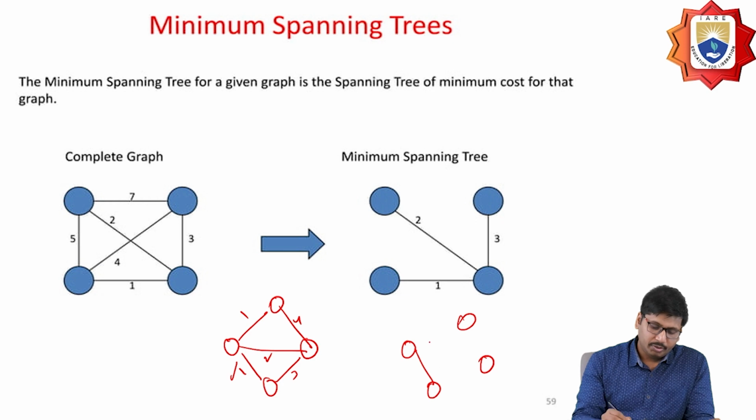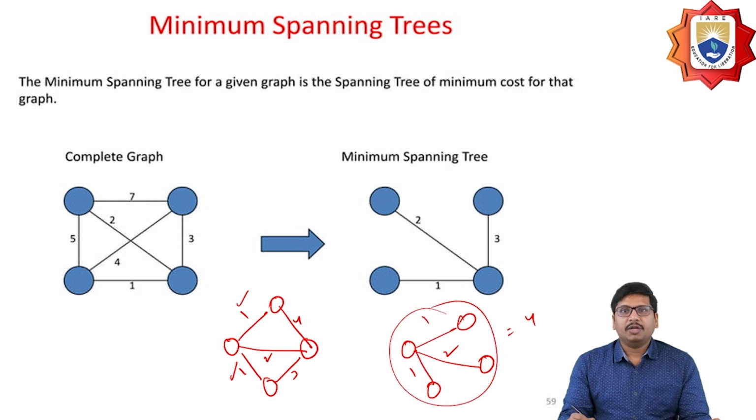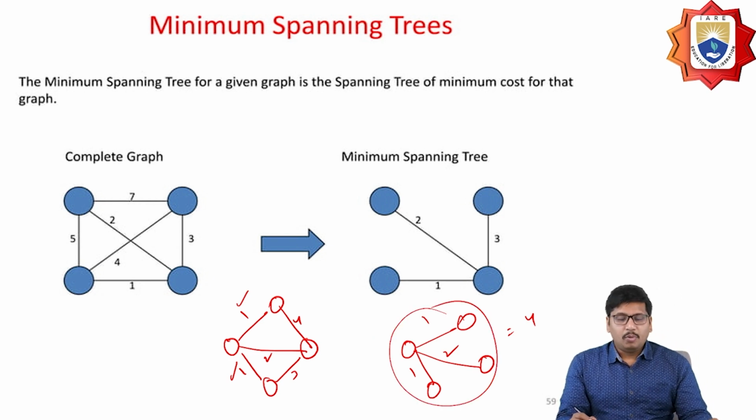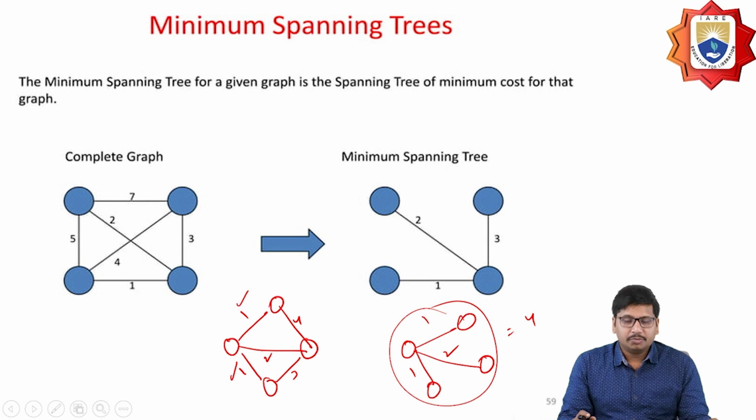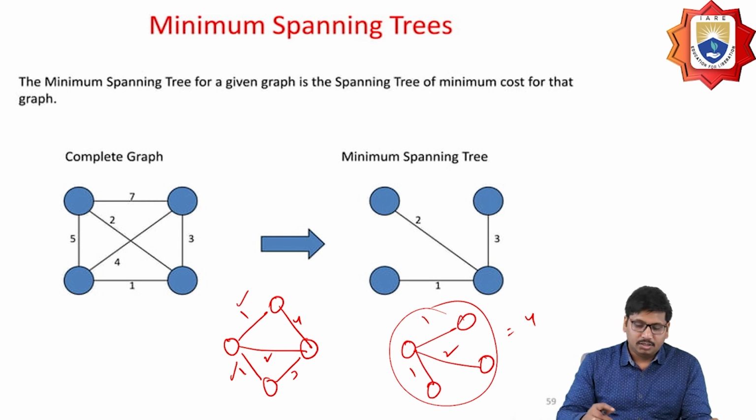First is 1, the minimum. This is another minimum I consider, and the second one also I'm going to consider. If I consider 3, I'm going to get a loop, right? So that's why this one will not be considered here. Similarly, if I take 4, again a loop is obtained, so this one also is not to be considered. So the minimum spanning tree cost is 4, and this is the required minimum spanning tree here. Among all the possible spanning trees, the minimum should be considered.